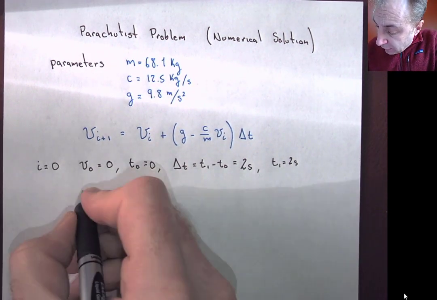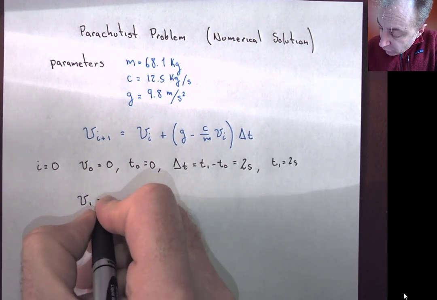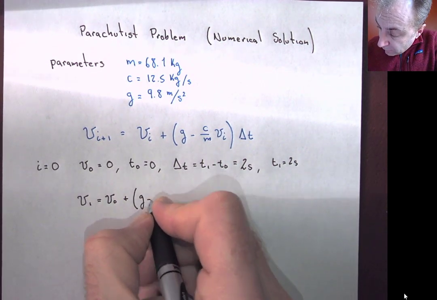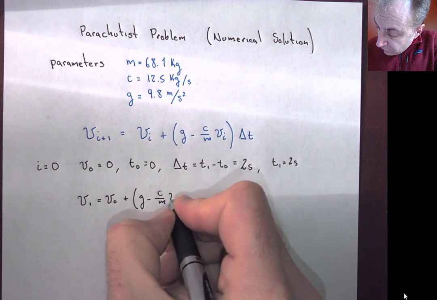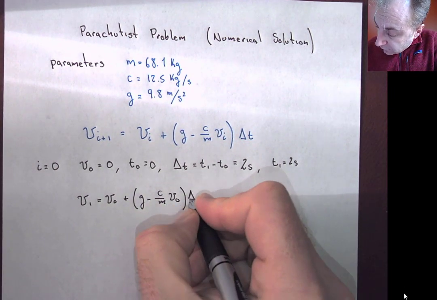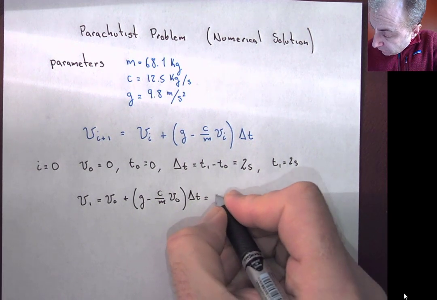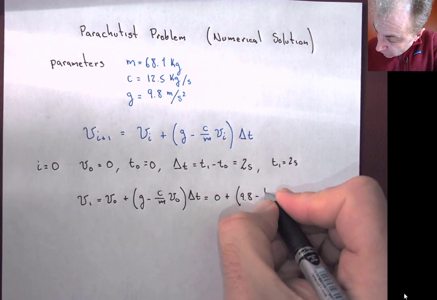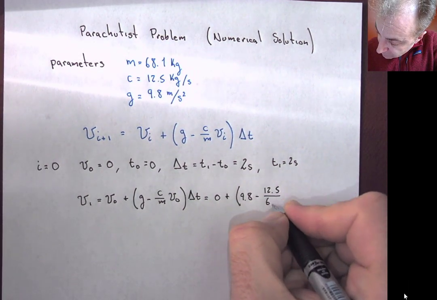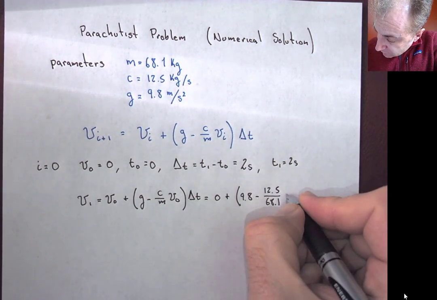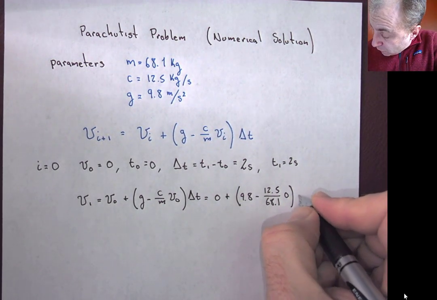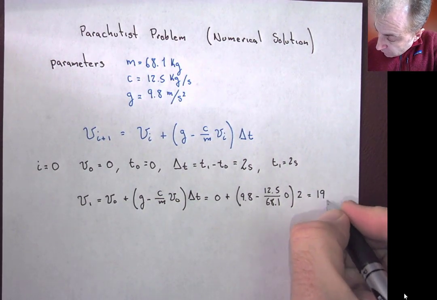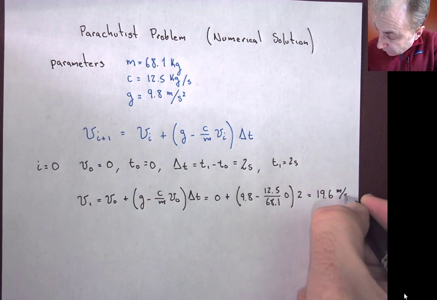So now we can say that v1 is going to be equal to v0 plus g minus c over m v0 times delta t. And that is 0 plus 9.8 minus 12.5 divided by 68.1 times 0 times 2, and that is going to be equal to 19.6 meters per second.